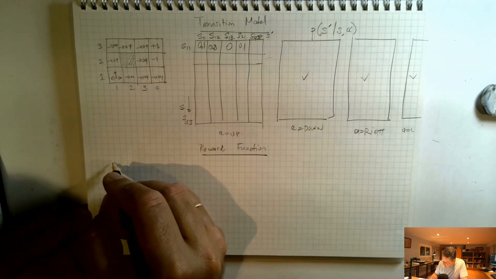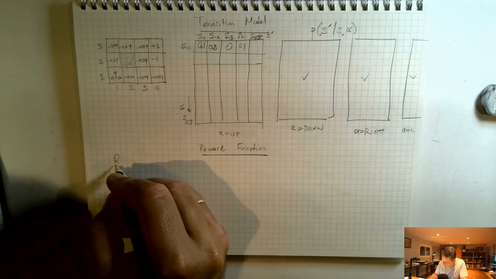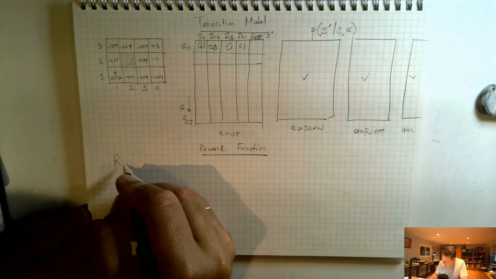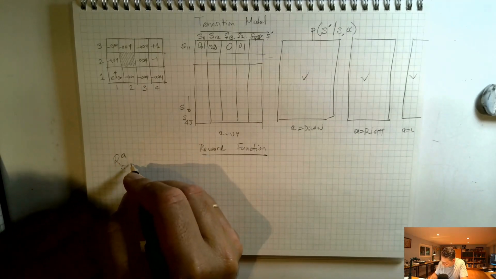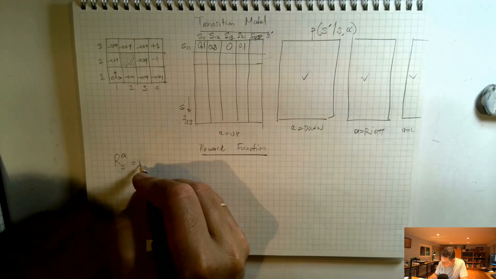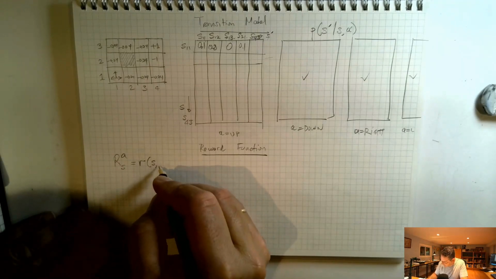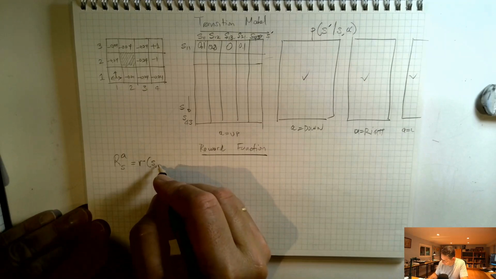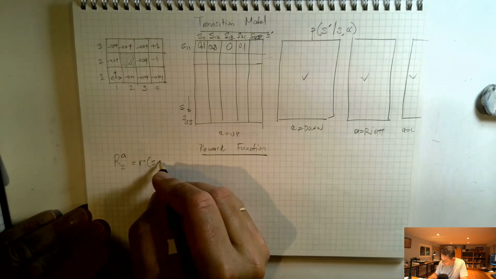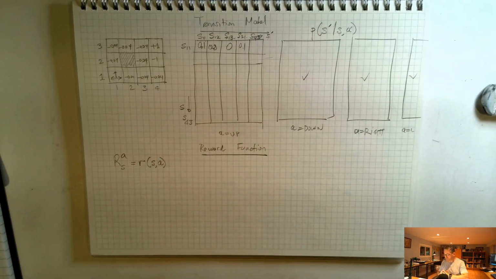So this is symbolized in some instances as R of S, A, also in some textbooks as the function R that has arguments the state that we were in and the action that we have taken.